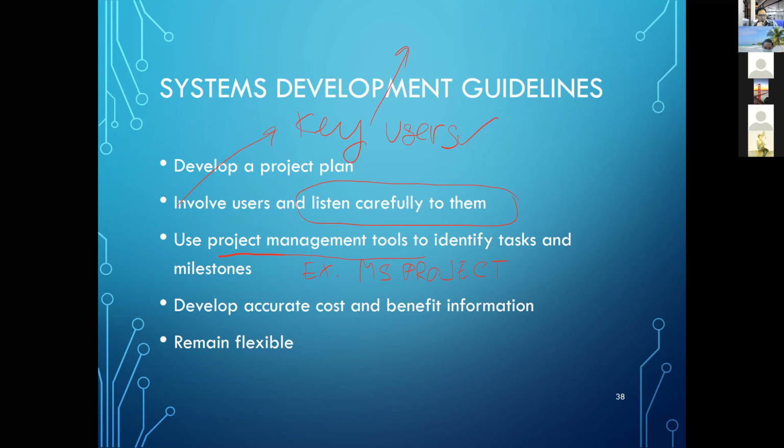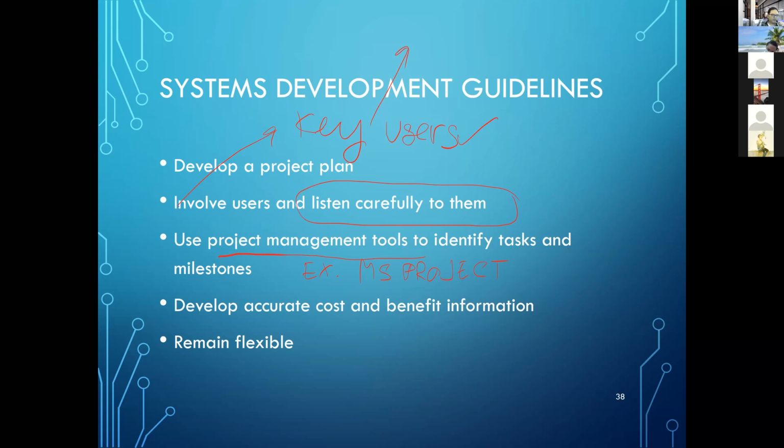This software can help us identify the tasks, and it also tells us the milestones, which tasks can be overlapped, which task has higher priority, and which task has to be done before. Okay, that is project management tools.